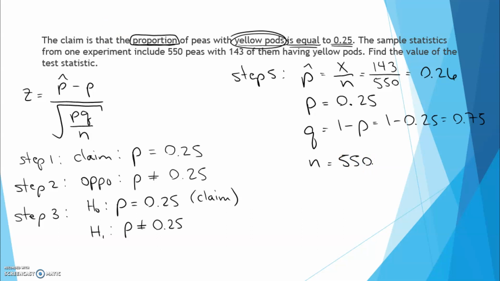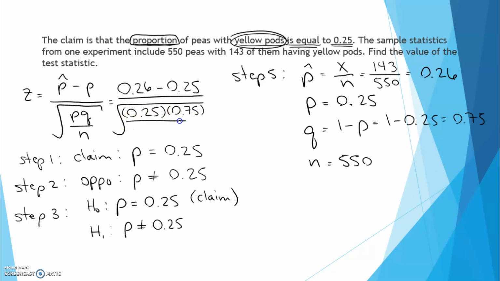So we just need to plug all of those numbers back into our formula. So that would be 0.26 minus 0.25 divided by the square root of 0.25 times 0.75, all divided by 550.